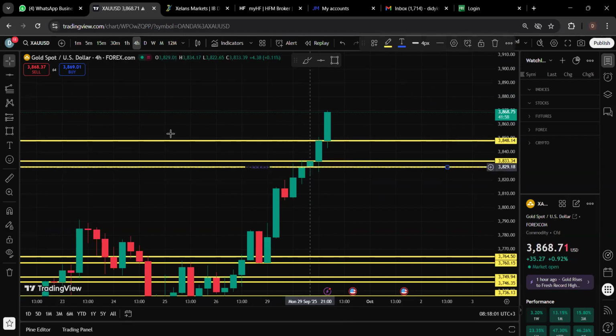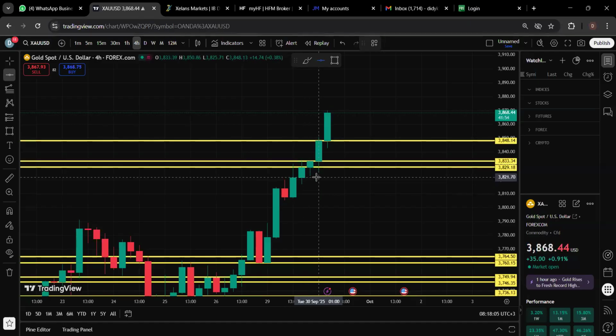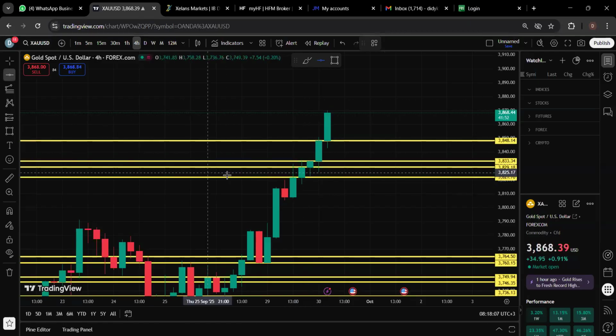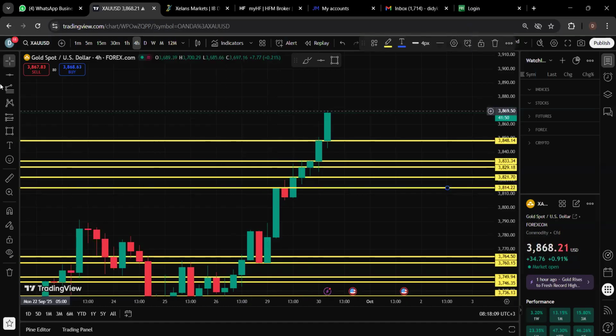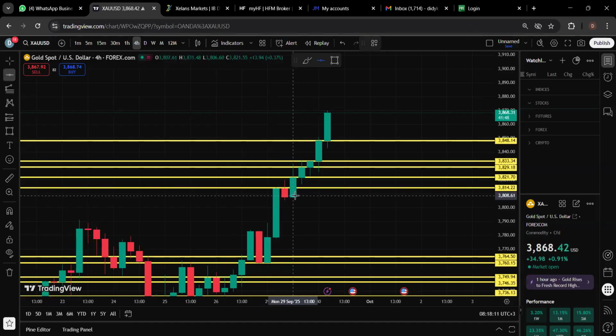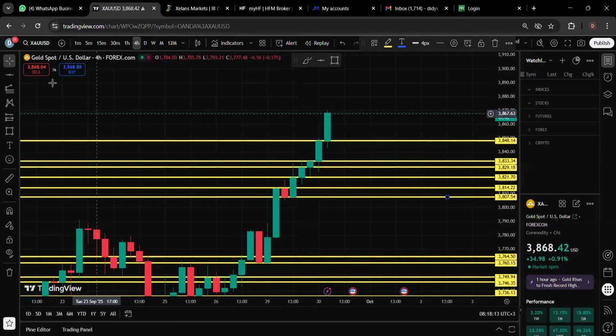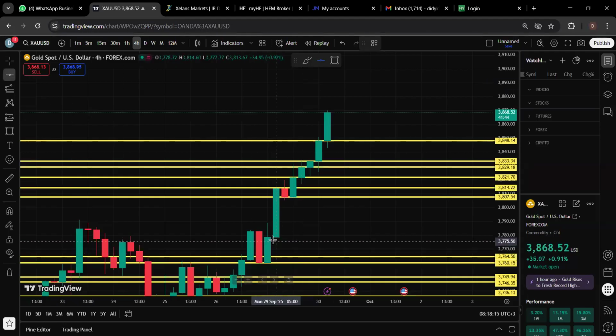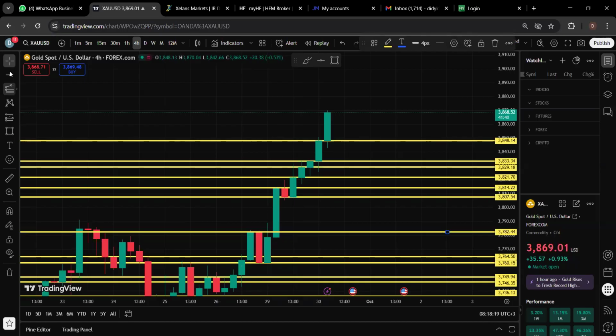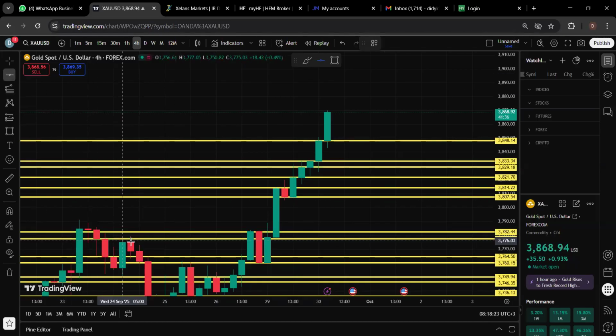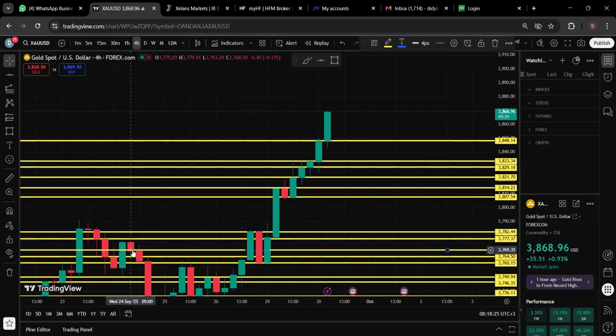Mark as many regions as possible, all the regions that you can see. Don't limit yourself for now.